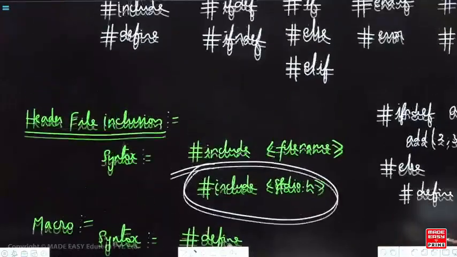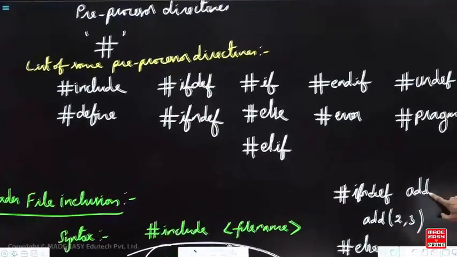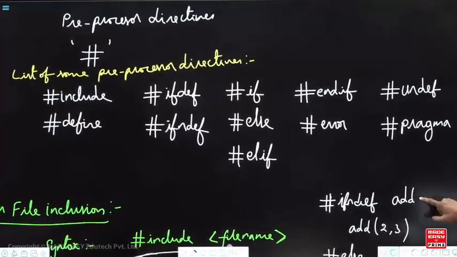Please write this preprocessor directive. Somebody is asking, please copy this list of preprocessor directives. Make it fast. I am going very slow.